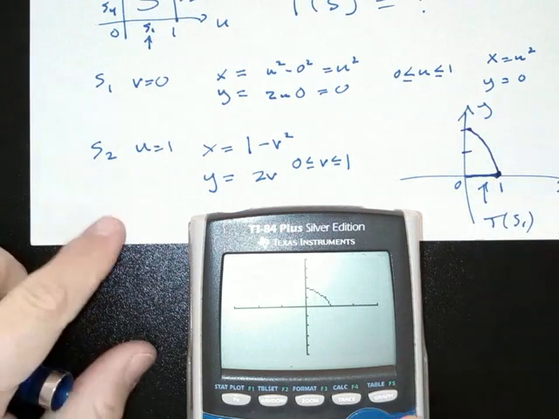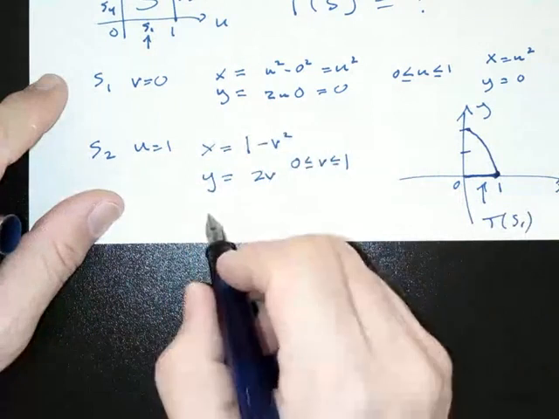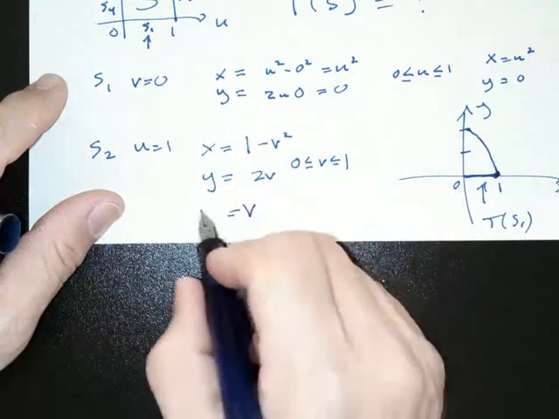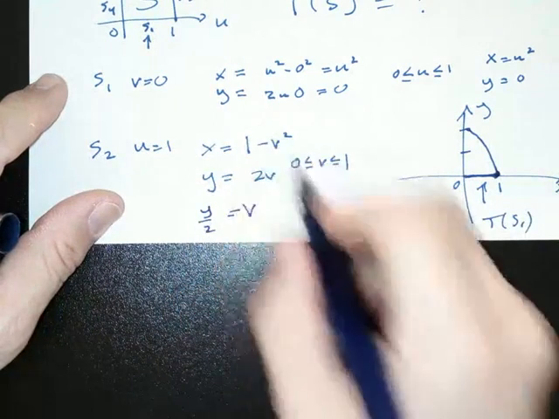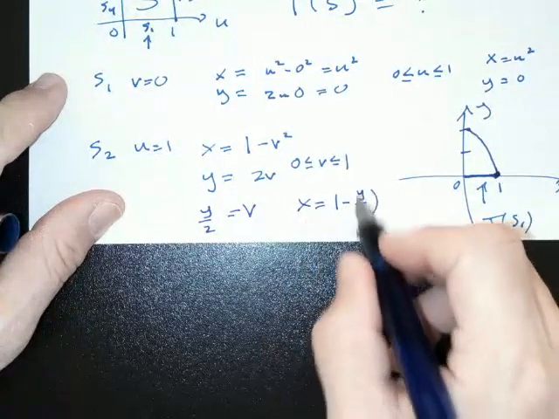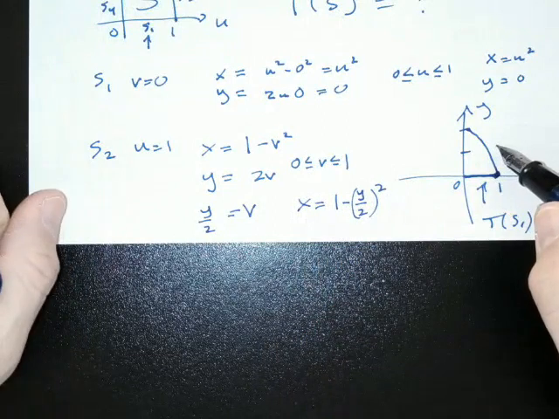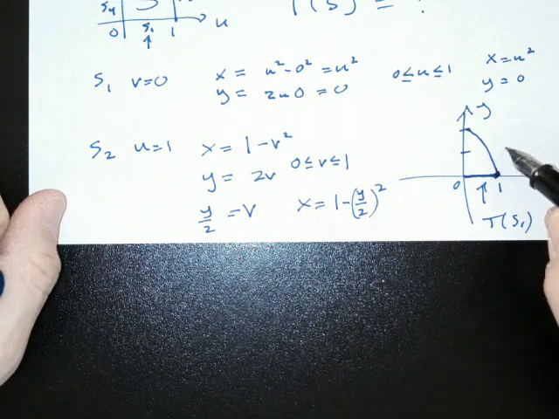I can work out the equation of this parabola, because this can be rewritten as V equals Y over 2, and that gives me X equals 1 minus (Y over 2) quantity squared. That's the equation of this parabola.